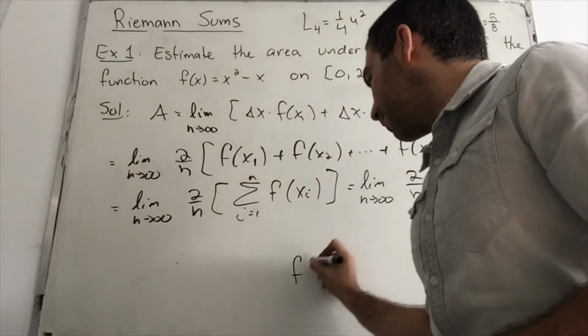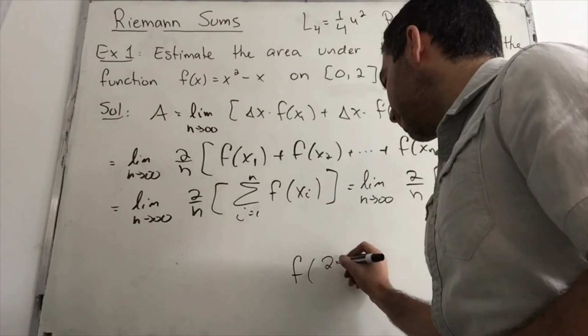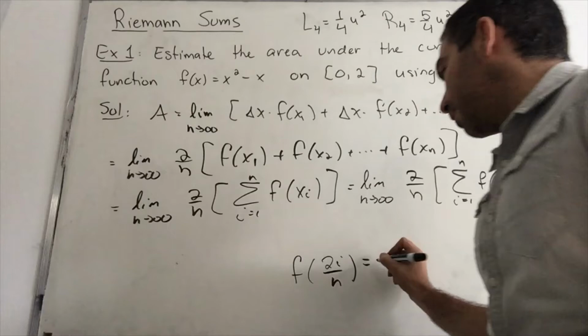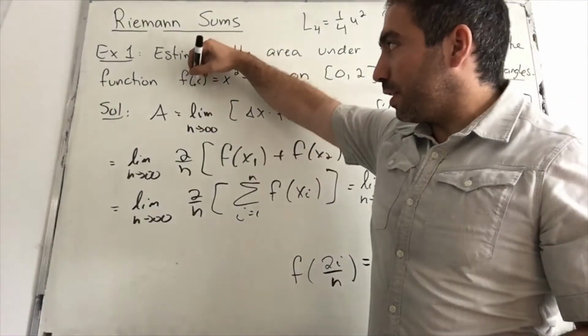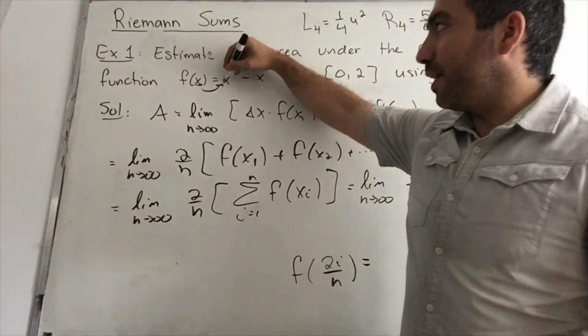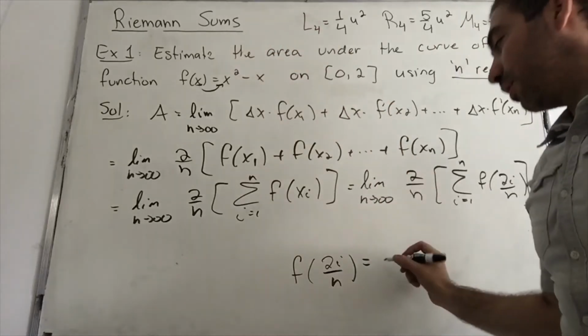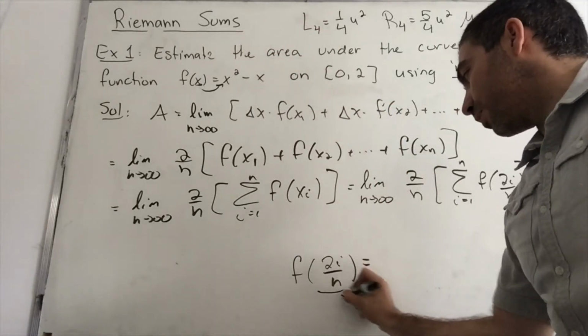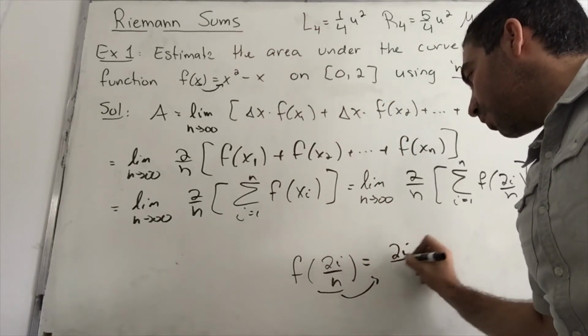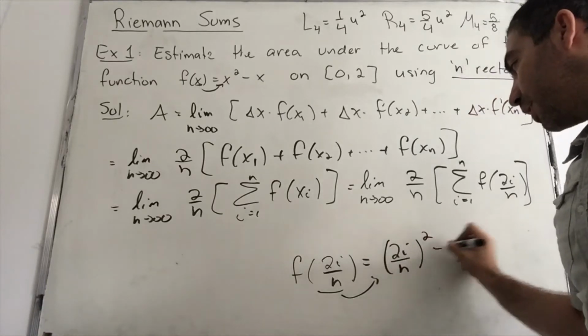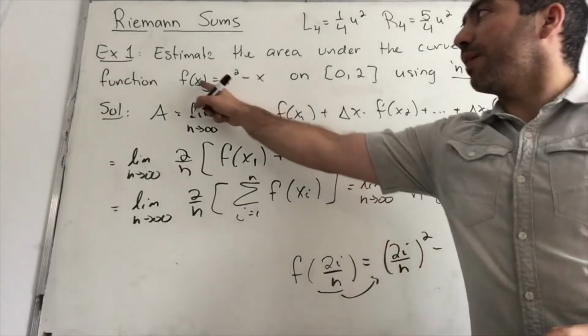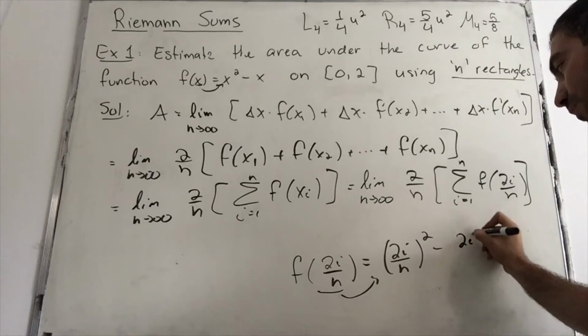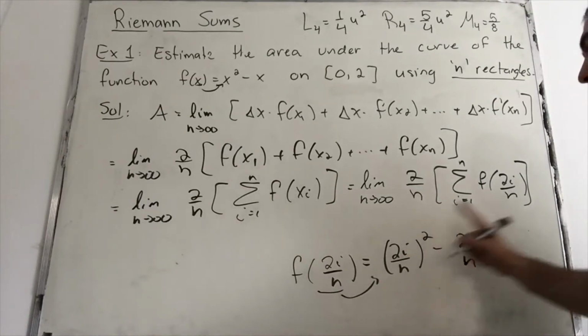So that means f of 2i over n is equal to, whatever's in the bracket, we're going to square it, and then subtract the same thing. So 2i over n squared, minus 2i over n. So that's what we have over here.